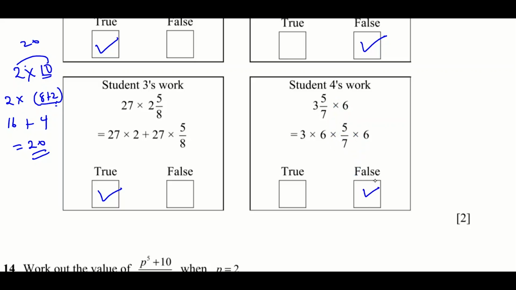So this is false. Because ordinarily, if you should write this as an improper fraction, 7 times 3, that's 21, add 5, that's 26. So you have 26 out of 7 multiplied by 6. So if you do this, look at what you're going to get. Compared to this will just give you 3 times 6. So this will be 18.